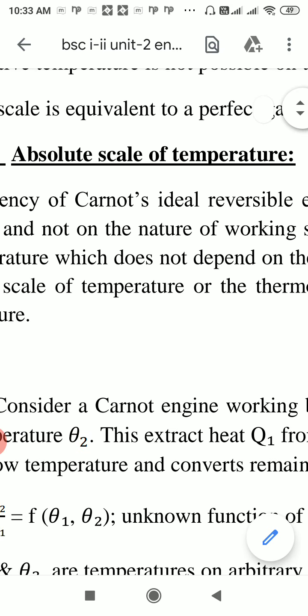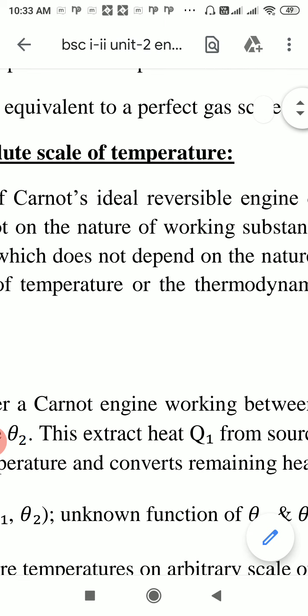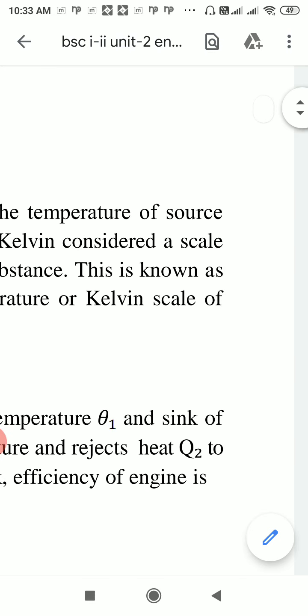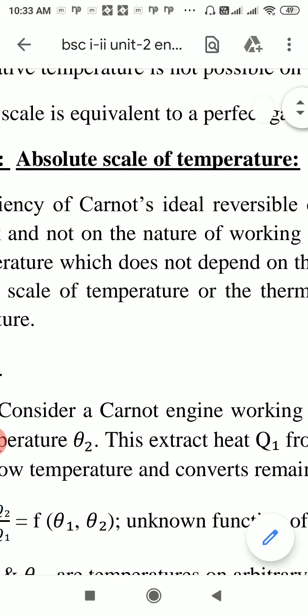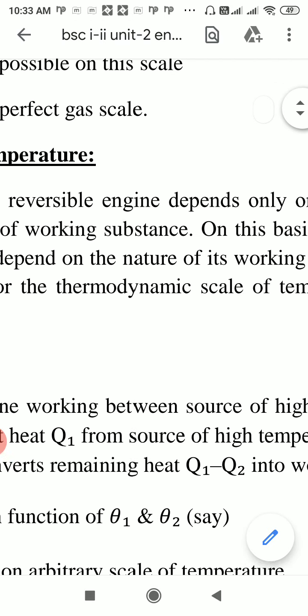Today's topic is absolute scale of temperature. Efficiency of Carnot's ideal reversible engine depends only on the temperature of source and temperature of sink, and it does not depend on the nature of working substance.